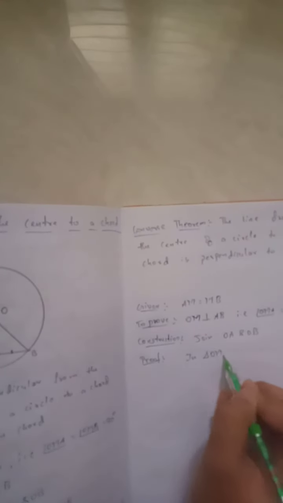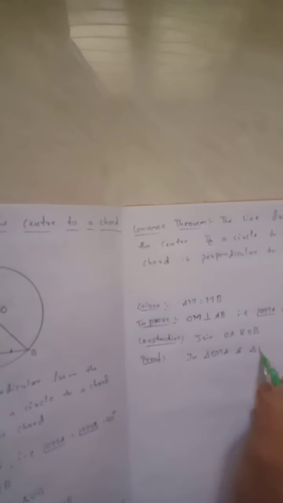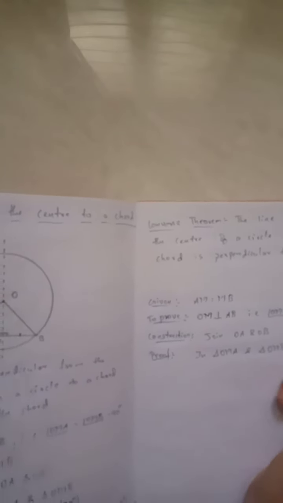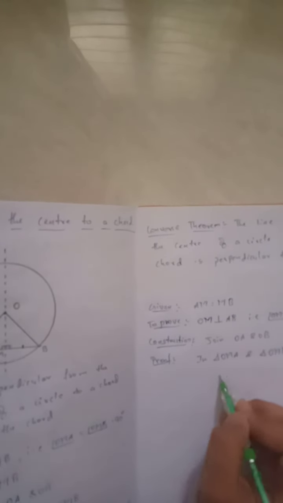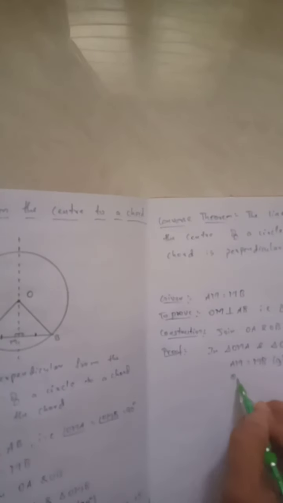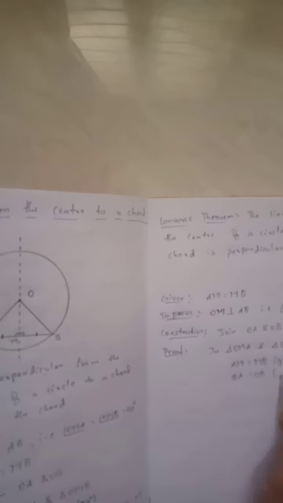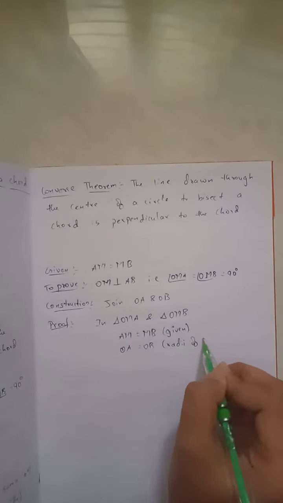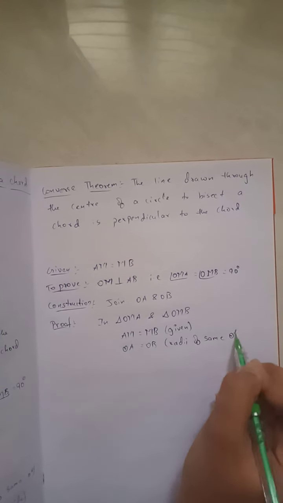In triangle OMA and triangle OMB, AM is equal to MB, which is given. OA is equal to OB, radii of the same circle, and OM is the common side.